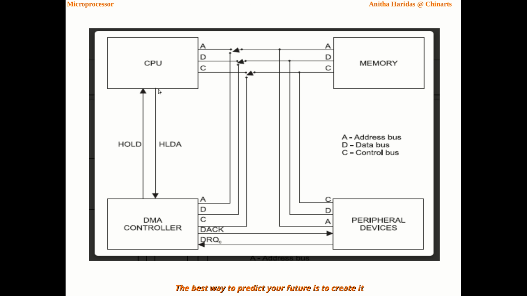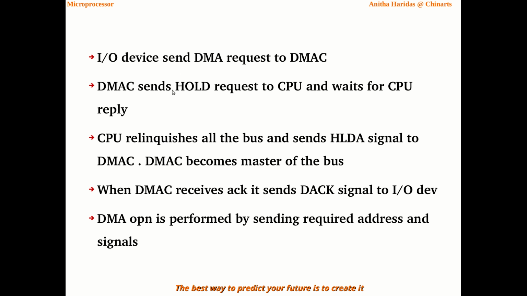Then the CPU will send the acknowledgement signal, and the DMA controller will send the acknowledgement signal to the peripheral device. Now the peripheral device can transfer the data to the memory without the intervention of the CPU. This is how DMA works.